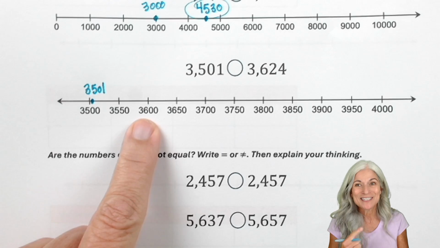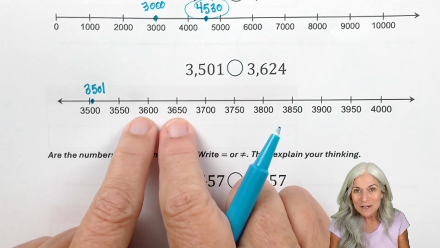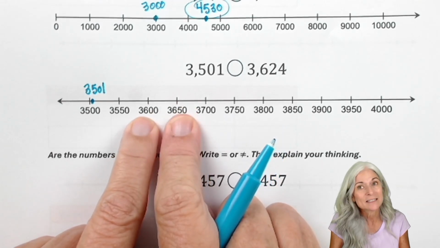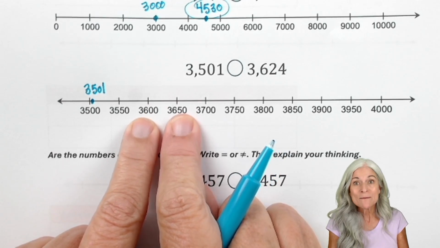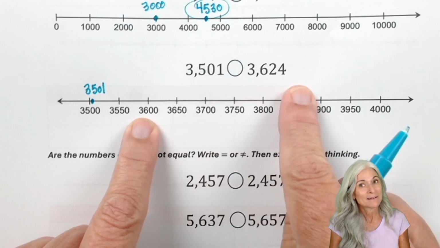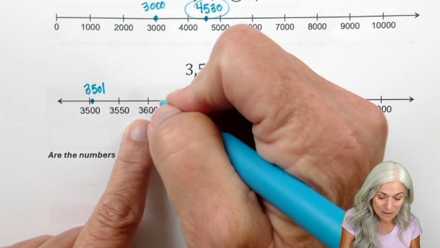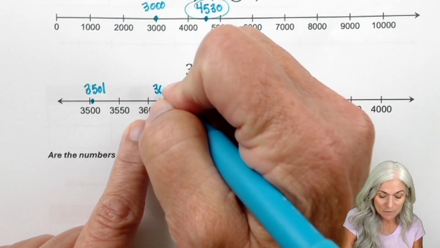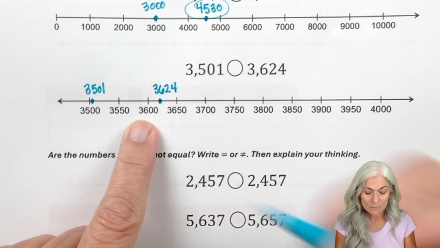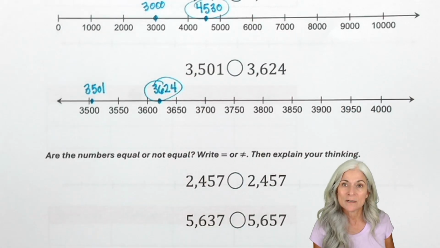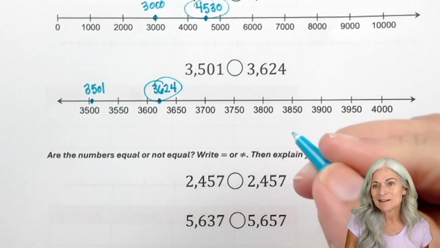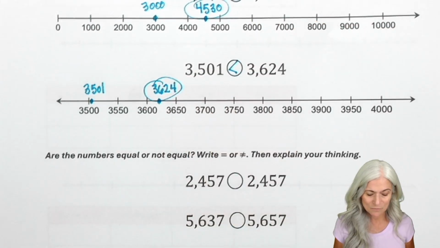These are the discussions to have with your students. 3,600, 3,650. So right in the middle is going to be 3,625. This is 24. It's going to be pretty close to the middle. So right here. So we can see 3,624 is the larger one. Alligator opens that mouth to the larger one.